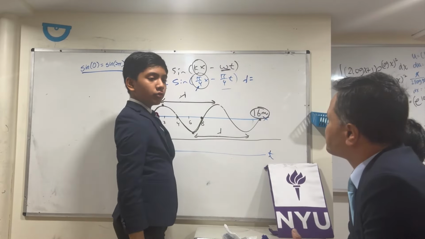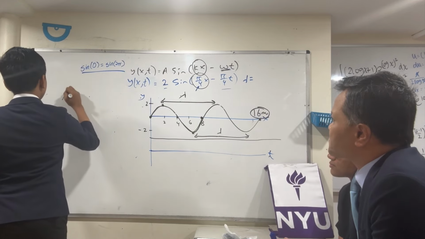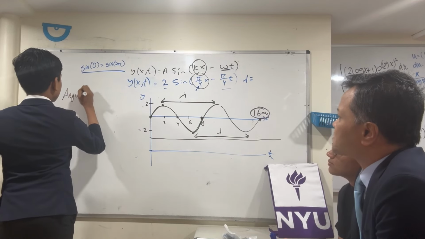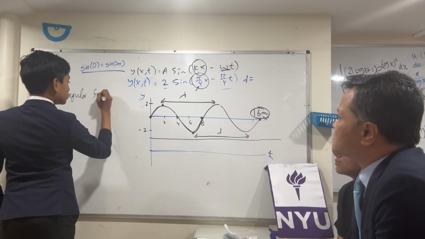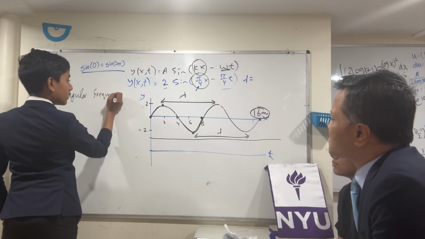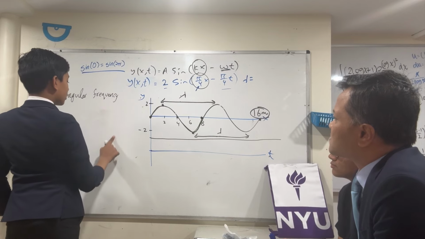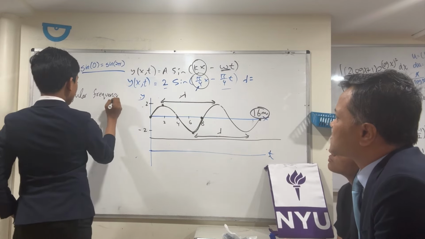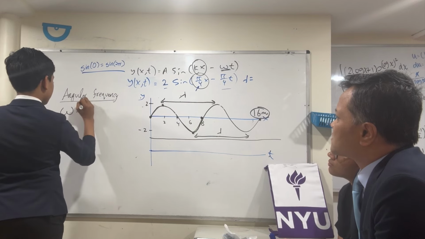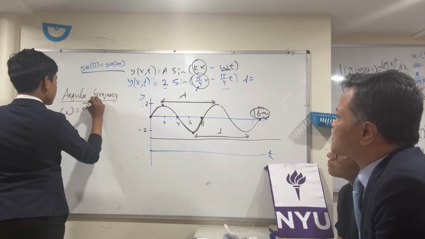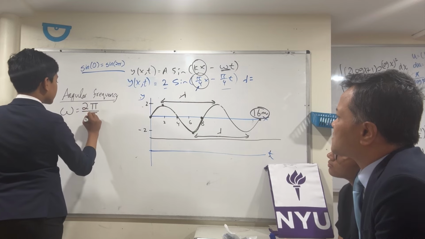Right here, omega is known as the angular frequency. If you learned about springs and simple harmonic motion, you will remember that it's just 2π divided by the period.